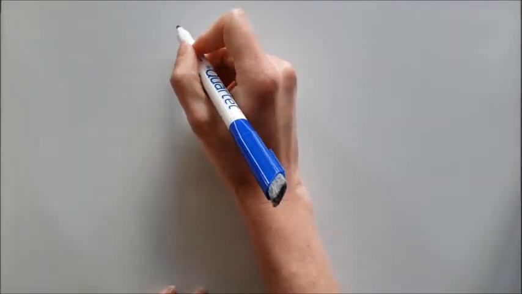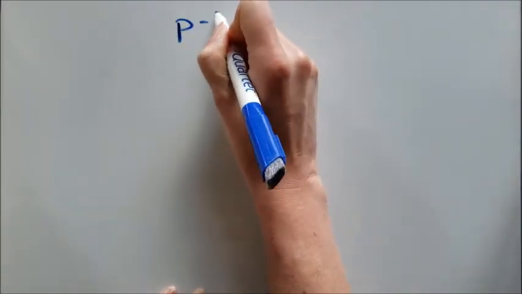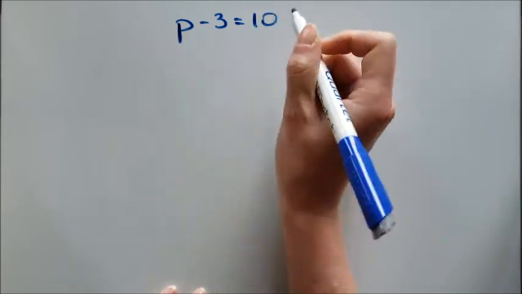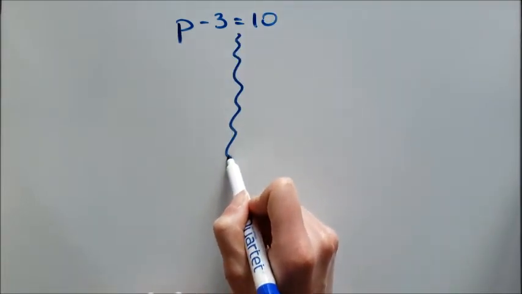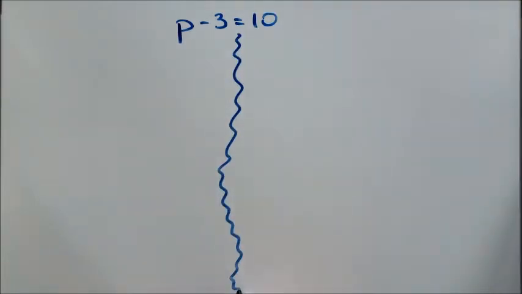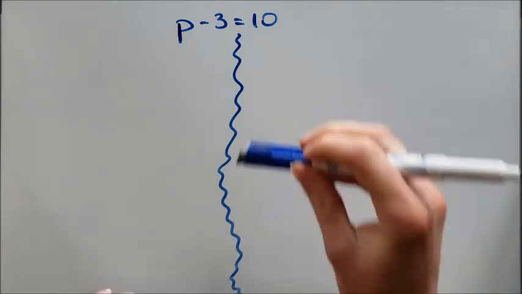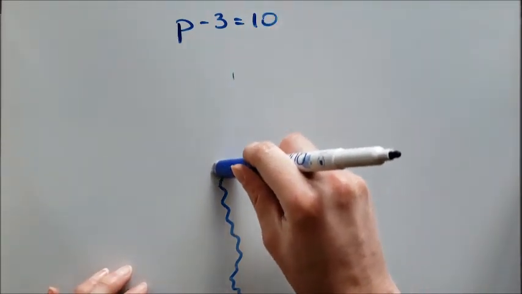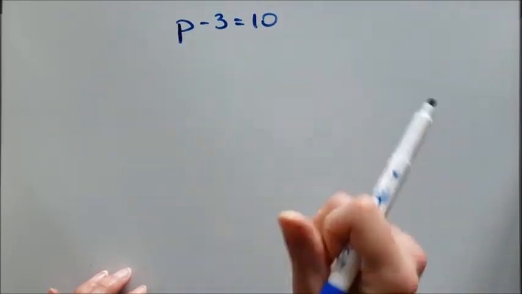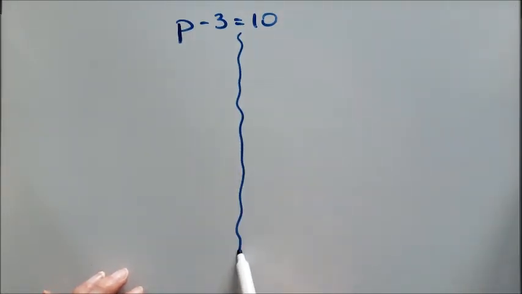So we're going to start with the example P minus 3 equals 10. I'm going to label this up here. And just like in the last section, I am going to draw a way straighter line, but still kind of squiggly, down that represents my equal sign.